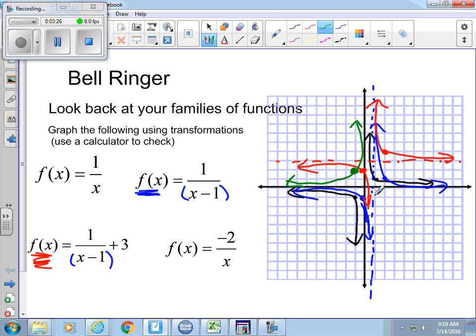This positive 1 will be at a negative 2. The asymptotes of 0, y equals 0 and x equals 0, stay the same. So mainly a reflection on that one. Otherwise, graphically, you probably wouldn't have noticed the stretch if you just put it in your calculator. But you would have noticed the reflection.